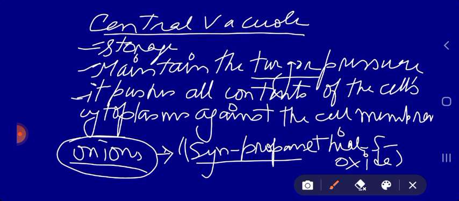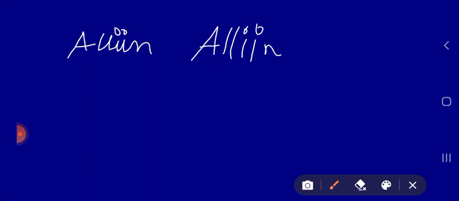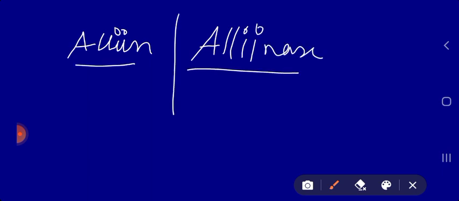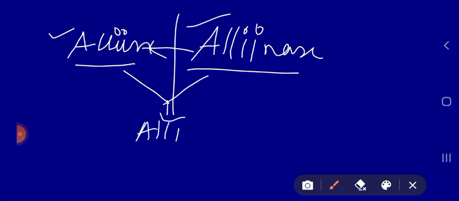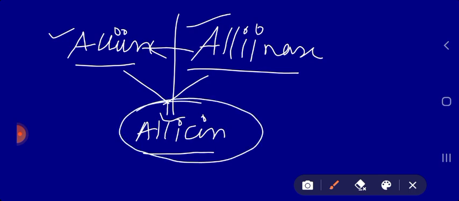Alliin and the enzyme alliinase are separately found within the vacuole and in the cytosol, but when we cut them, they get mixed together and alliinase breaks down the alliin to form allicin. That's why we feel a pungent smell in the garlic when we cut.